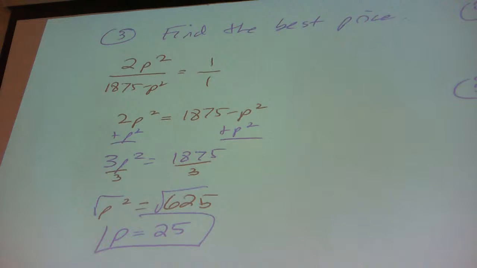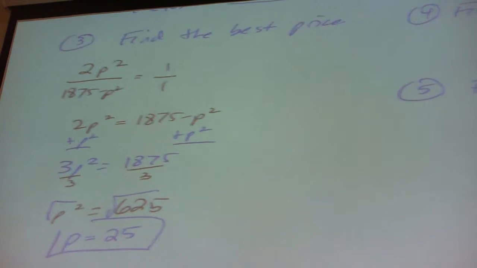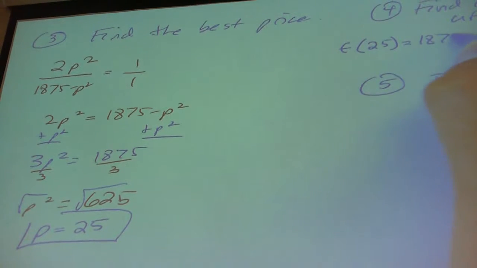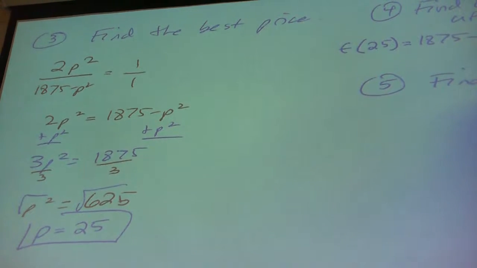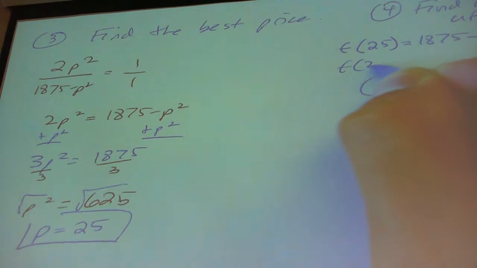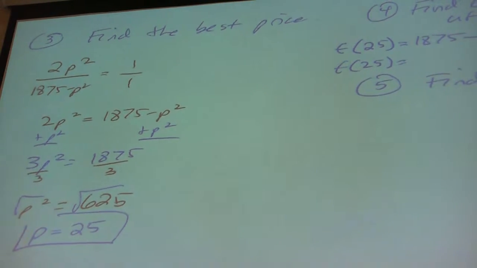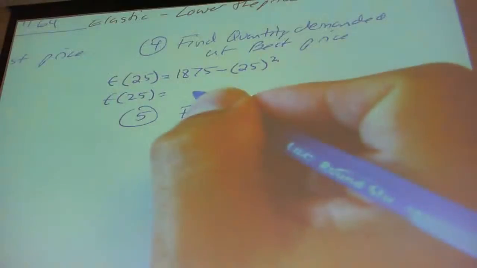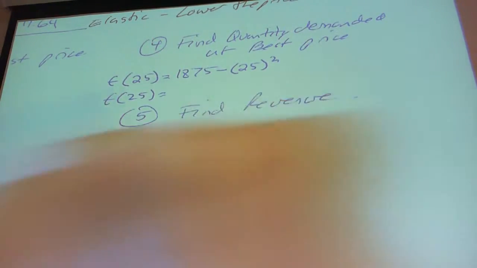Then, if I know my best price, how can I find out my quantity demanded? What would you plug it into? You plug it into the original function, and I now know my best price. And this doesn't tell me the price of the t-shirts. This will tell me how many t-shirts. So how many t-shirts will be demanded? 1250.